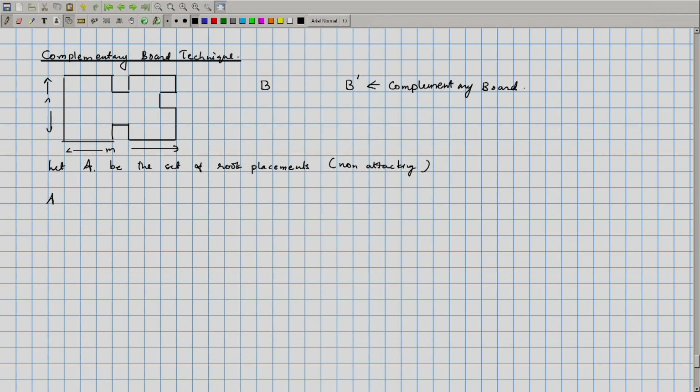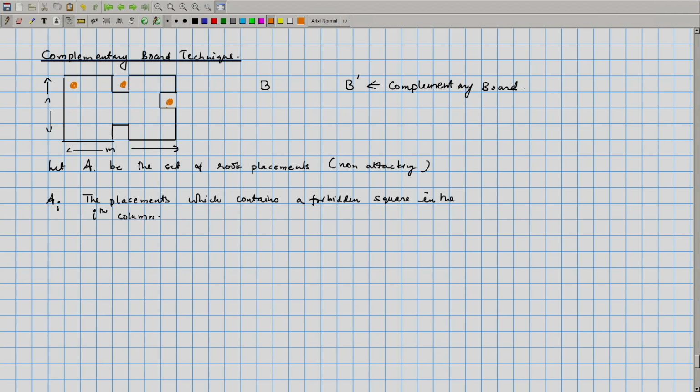And A_i will denote the placements which contain a forbidden square in the ith column. Look at any particular placement, suppose we had placed rooks in the following manner, one here and one here.